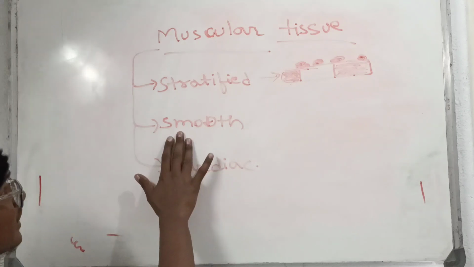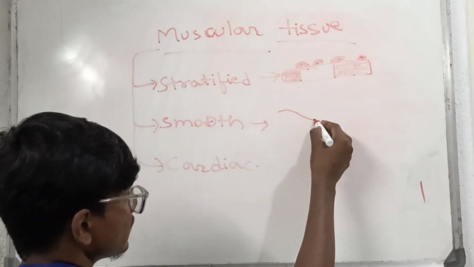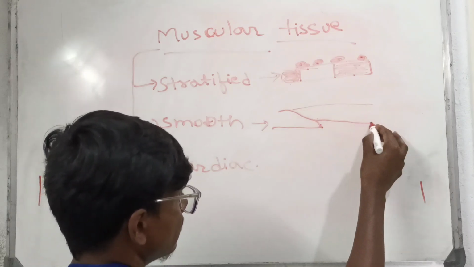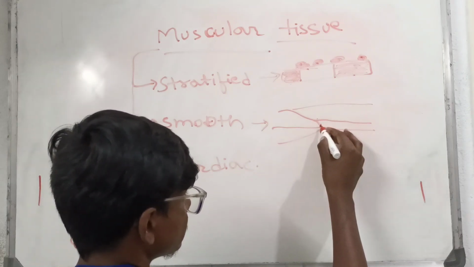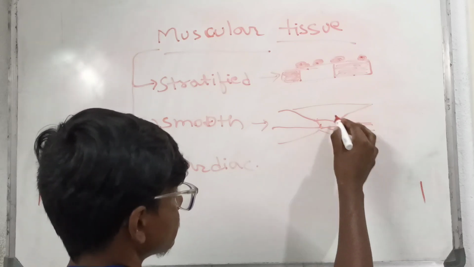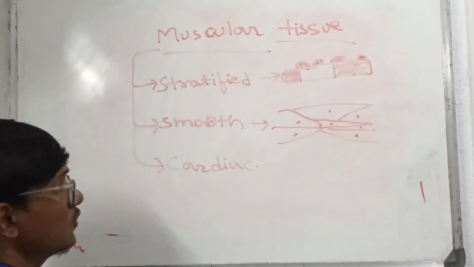Second is the smooth. The diagram of this, just a simple diagram I will draw for this. Like each cell will have a single nucleus.